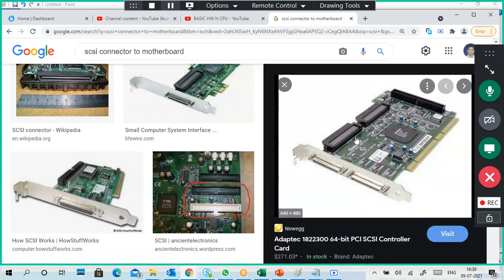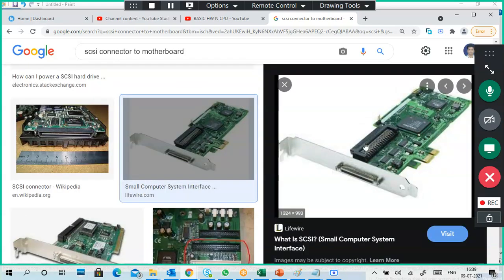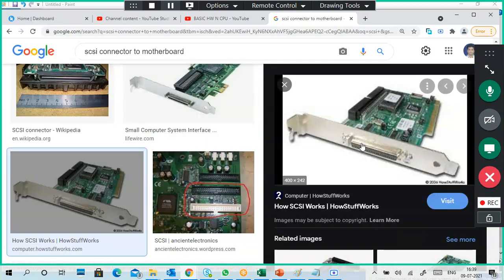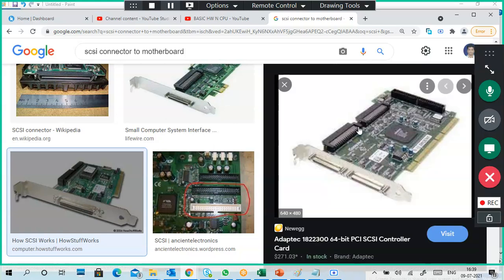If you see this one, internally two connectors, externally two. If you see this one, externally one, internally one. If you see this one, external one, and internal one very big one. This is two.